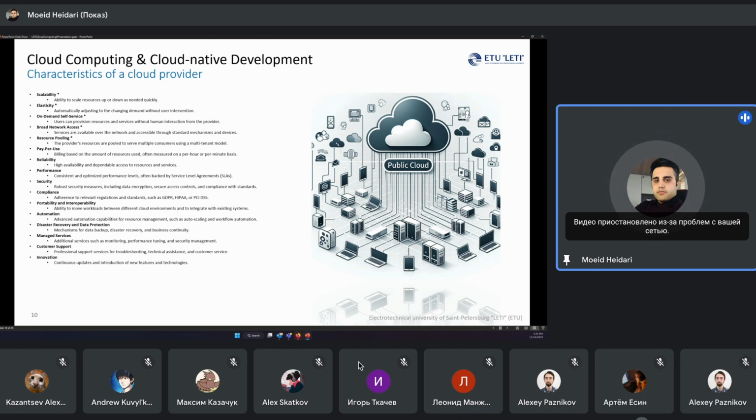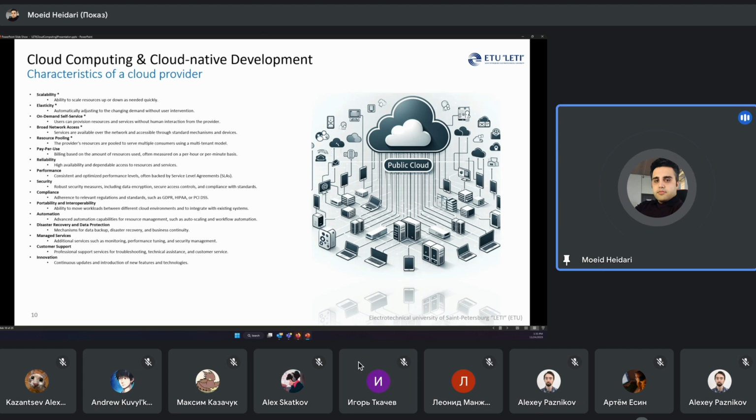So this is about scalability, which is one of the topics that in the following slides we will talk about. And elasticity is the degree of the scalability. So how much a service is elastic is about automatically adjusting to the changing demand without user intervention.